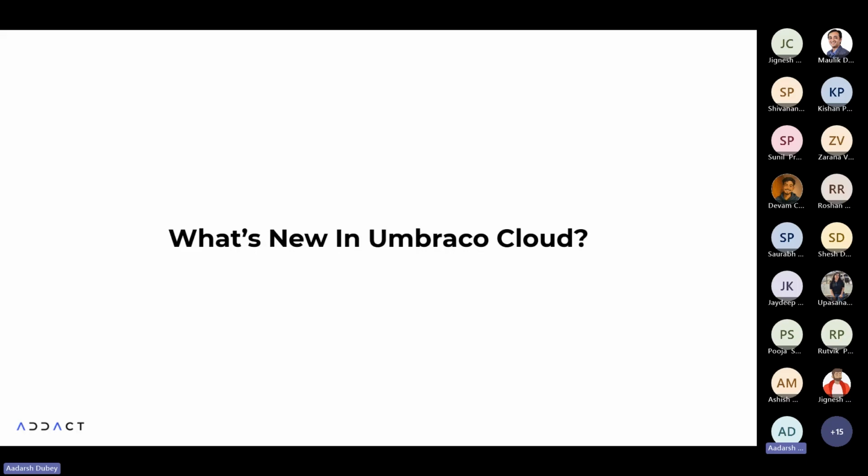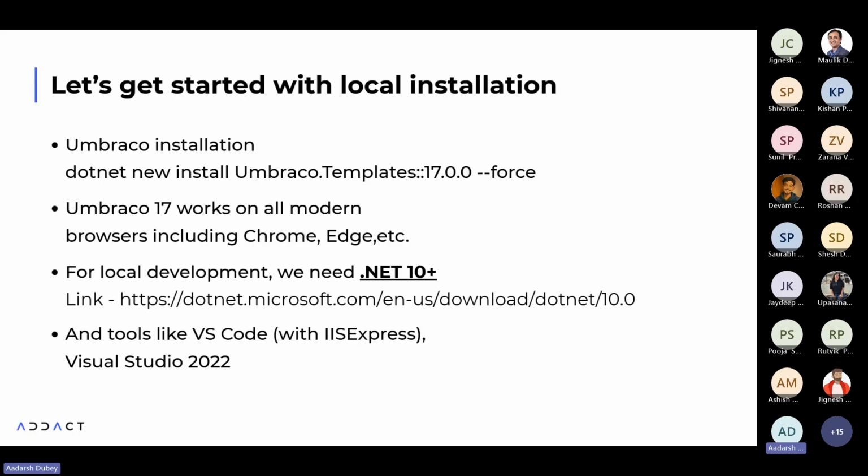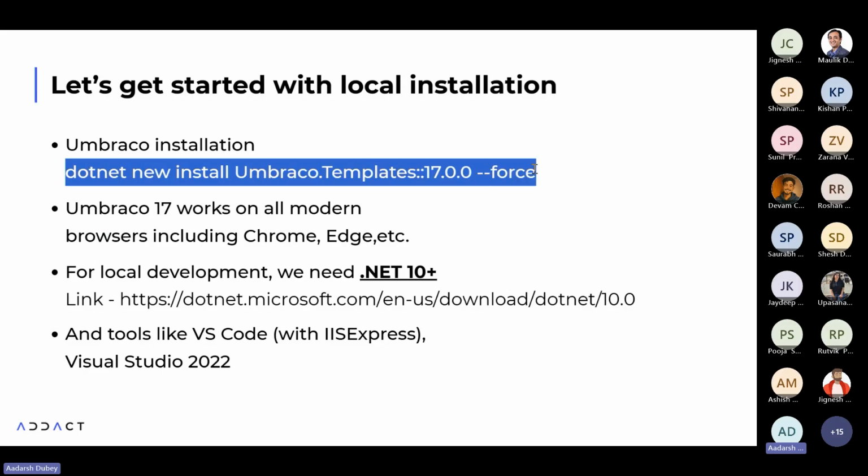Now we will see how we can install Umbraco 17 on a local system. This is the command line, and one of the prerequisites of Umbraco installation is .NET version 10, which is supported with Umbraco 17. I have provided a link for .NET version 10, and tools like VS Code and Visual Studio 2022 are required.